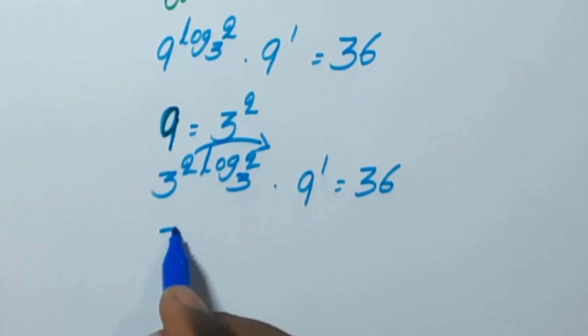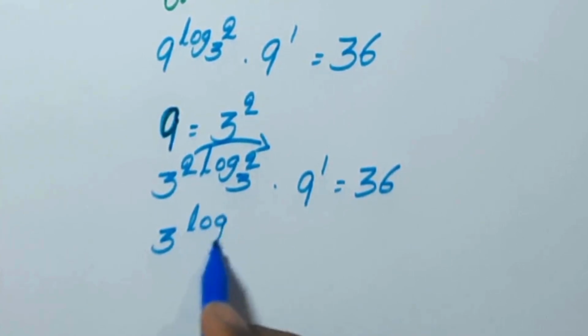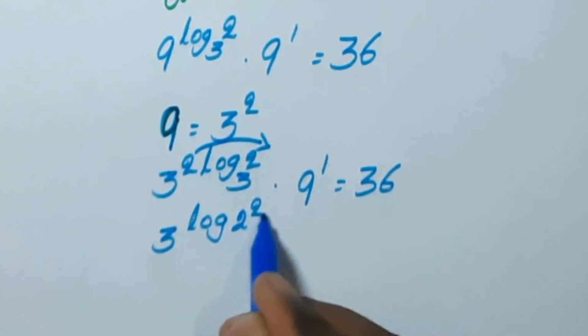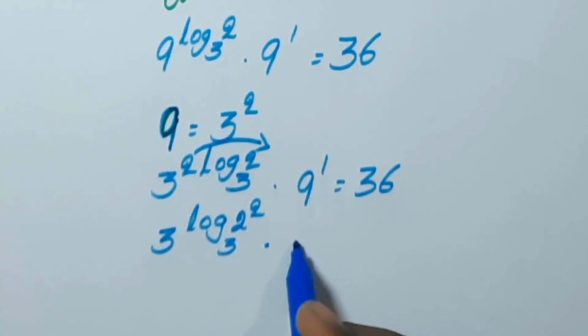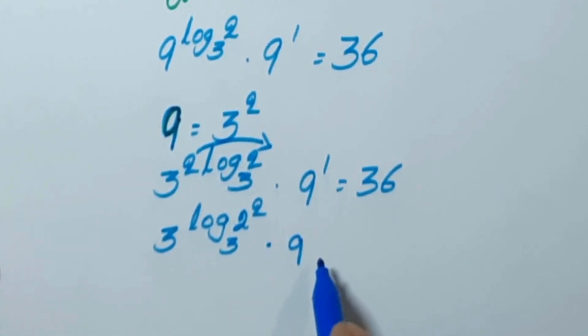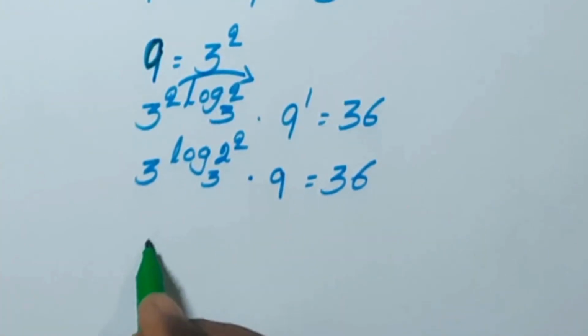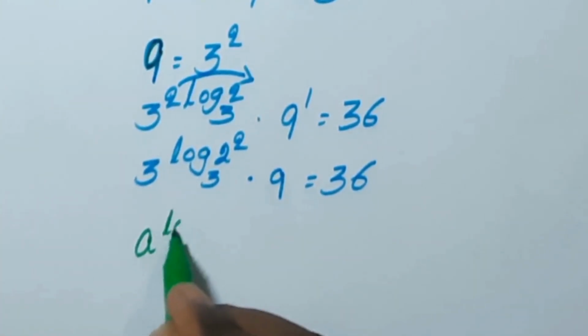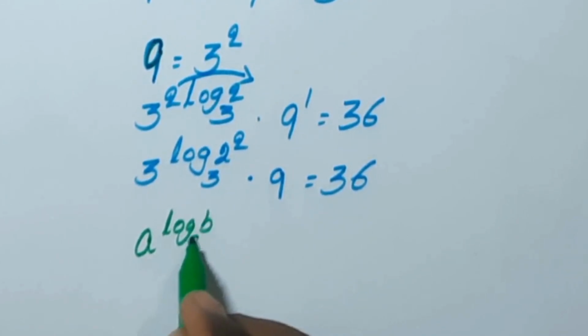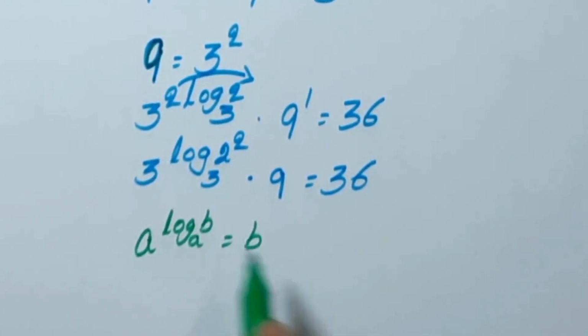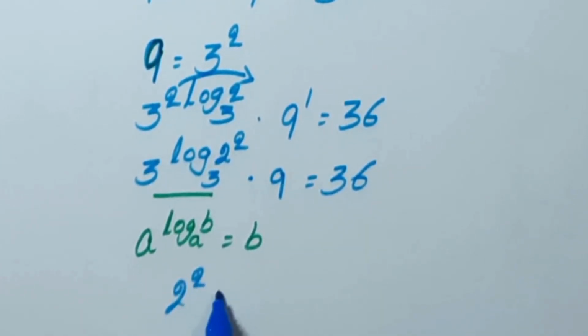So 3^(log 2^2 base 3) times 9^1. 9^1 is 9, equals 36. a^(log b base a) = b. We are going to implement this here. 2^2 times 9 = 36.